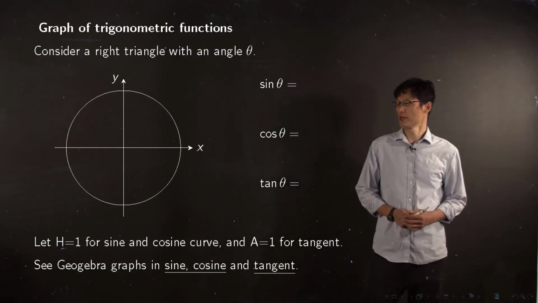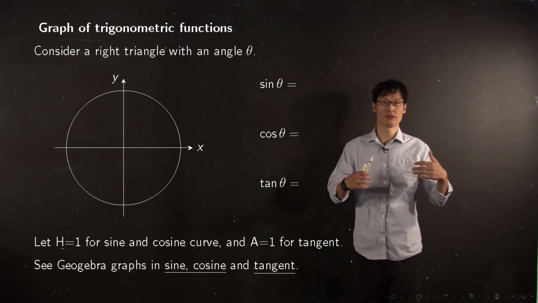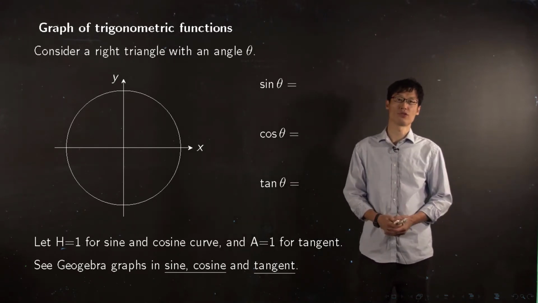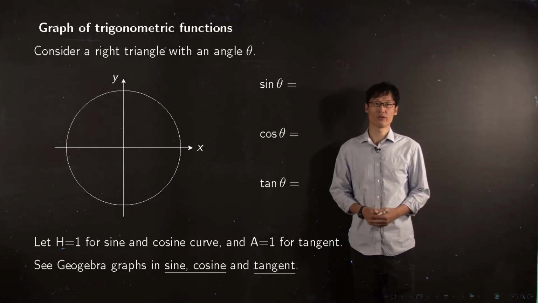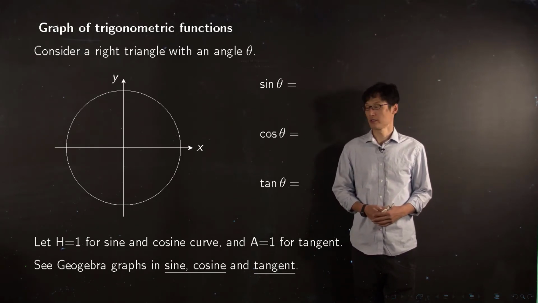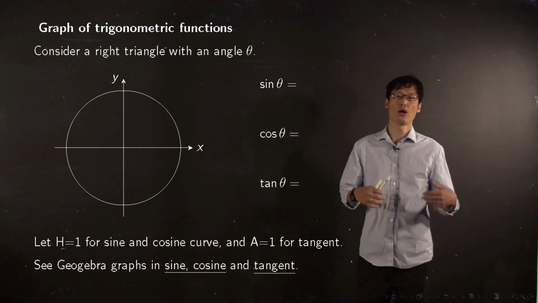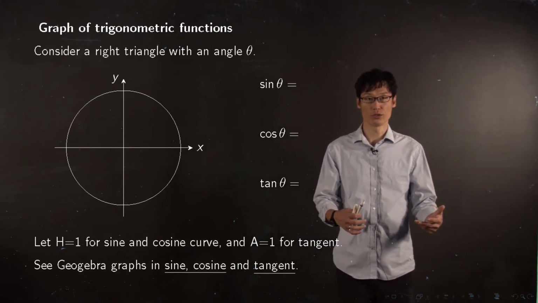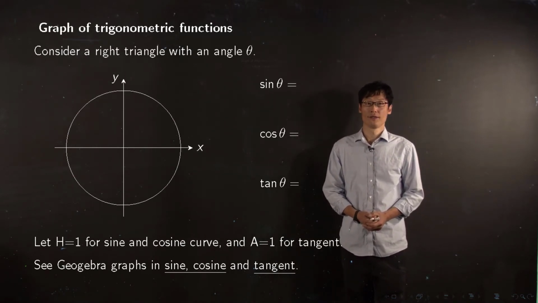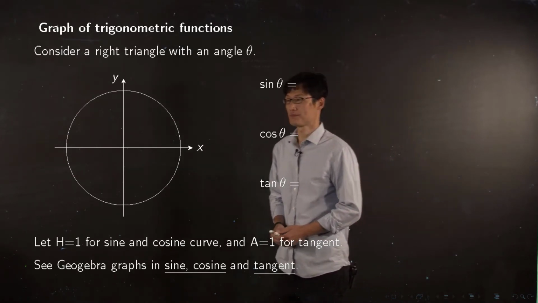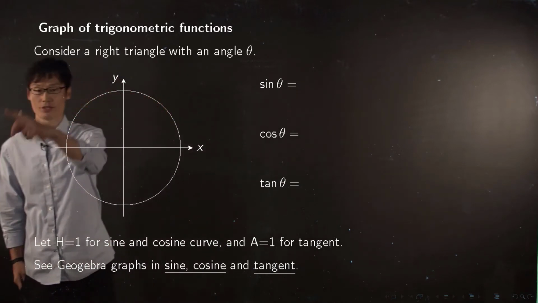Okay, so let us briefly review how we plot graphs of trig functions. We are not going to spend much time on this, but I'd like to point out how we use the unit circle to plot the graphs of sine, cosine, and tangent. So suppose this is a unit circle.